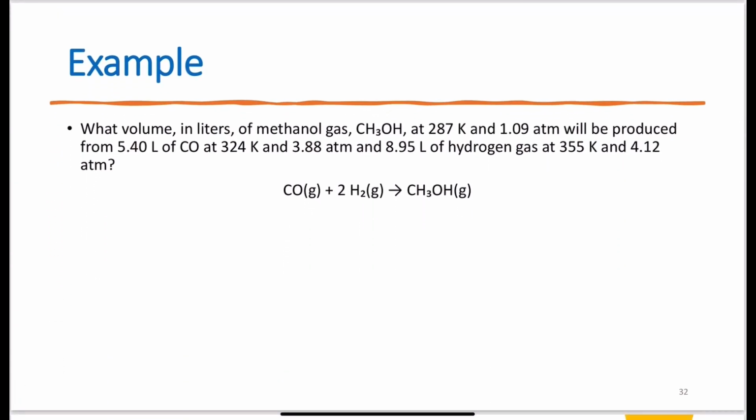What volume in liters of methanol gas, CH3OH, at 287 Kelvin and 1.0 atmosphere will be produced from 5.40 liters of CO2 at 324 K and 3.88 atmosphere and 8.95 liters of hydrogen gas at 355 K and 412 atmosphere? So I've got 324 K, 5.40 liters.